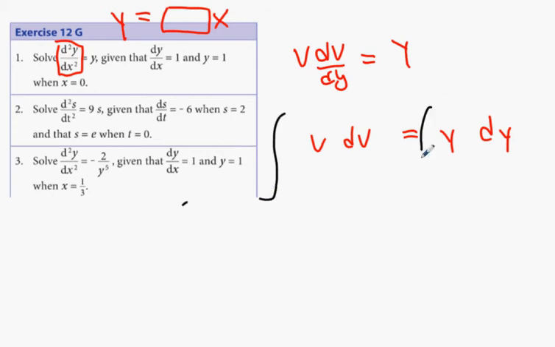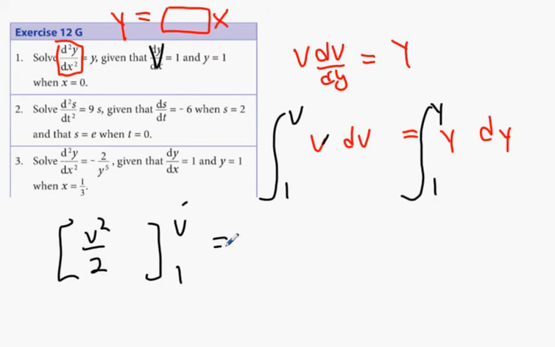Integrate both sides. Now, when phi equals 1, y equals 1. When phi equals phi, because this is a dphi function and this is a y function. Integrate both sides. What are we going to get on the left hand side? Phi squared over 2.